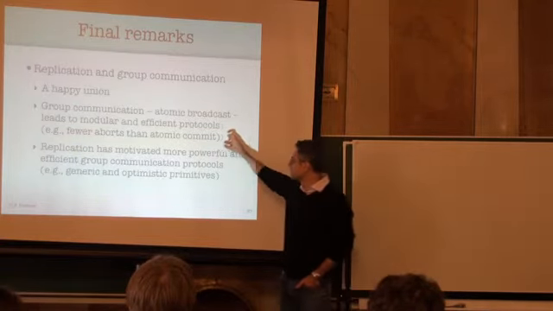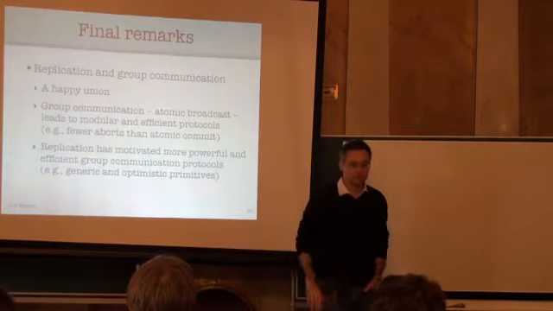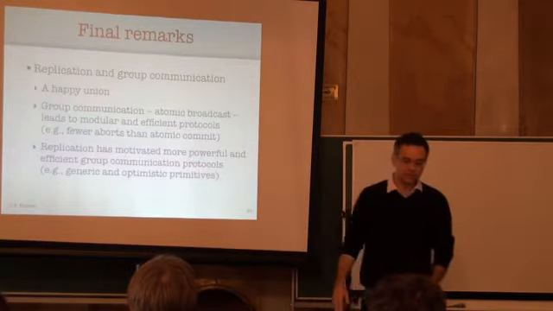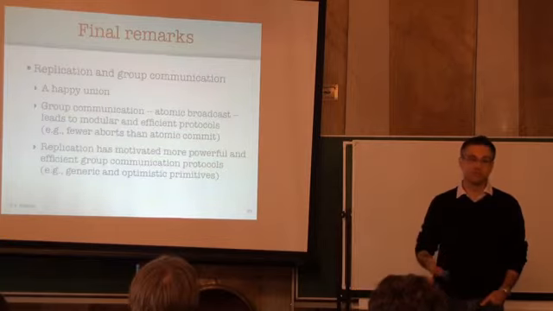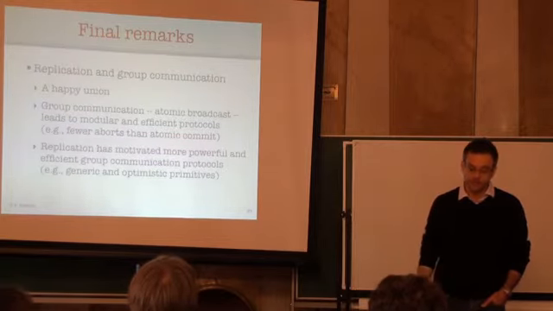It turns out that I also have fewer aborts than atomic commitment. I didn't go into it, but there are also algorithms that allow you to terminate transactions using atomic commitment instead, which does not give you any ordering guarantees.